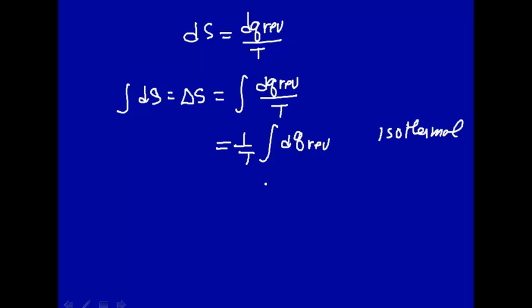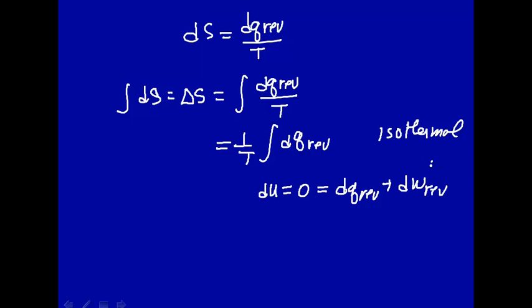So isothermal, remember that dU is equal to 0 for an isothermal process for an ideal gas. That's one of our restrictions here. This is dq, and let's make this reversible, plus dw reversible.